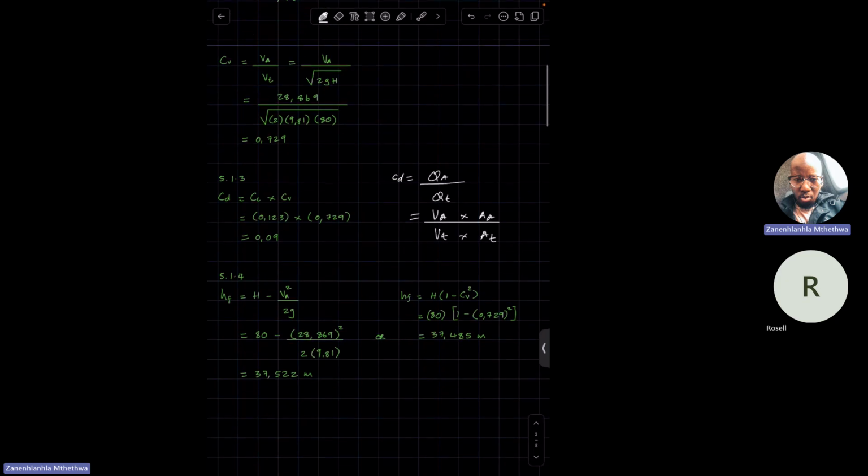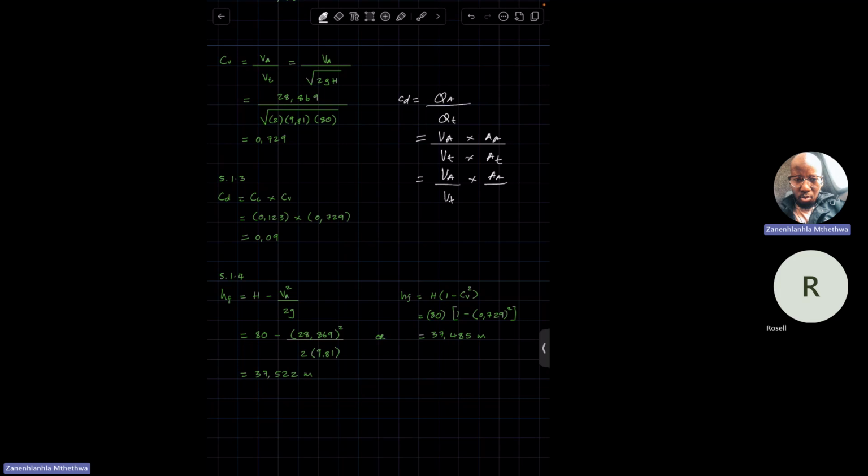Now, if you were to rewrite this as simply VA divided by VT times the actual area divided by the theoretical area, essentially what we get is that VA over VT we know is equal to CV, times this here, which we know is equal to the coefficient of contraction, right?